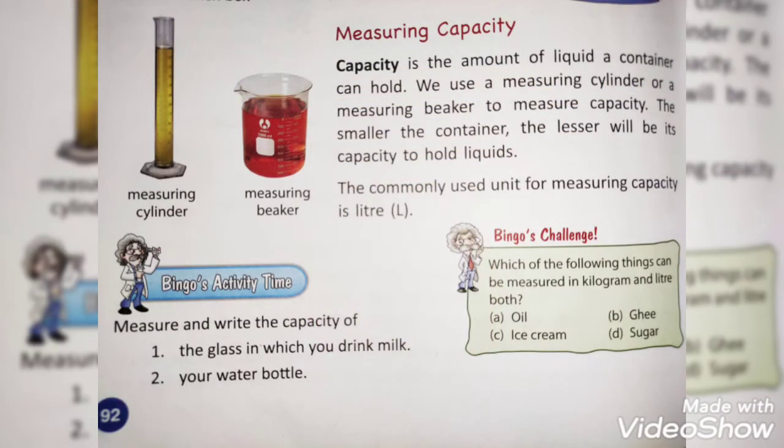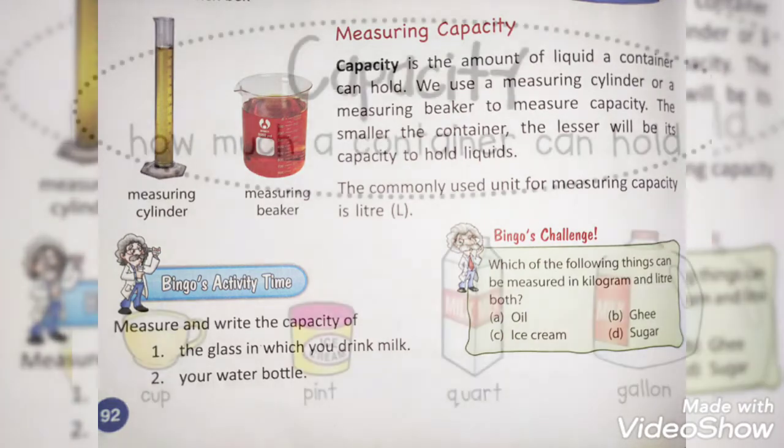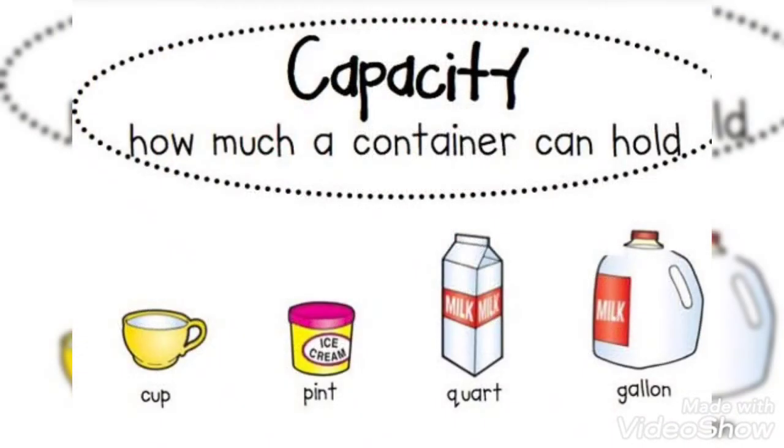Nowadays, we measure the mass of an object using a weighing scale, beam balance, or an electronic balance. So children, for weighing mass, what are the instruments we need? These are weighing scale, beam balance, or an electronic balance.